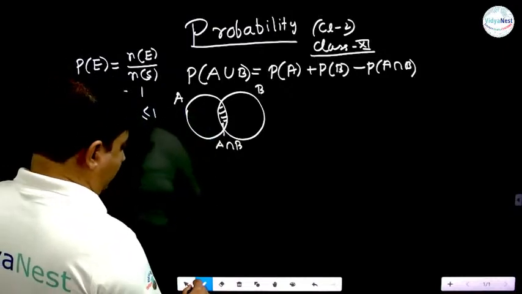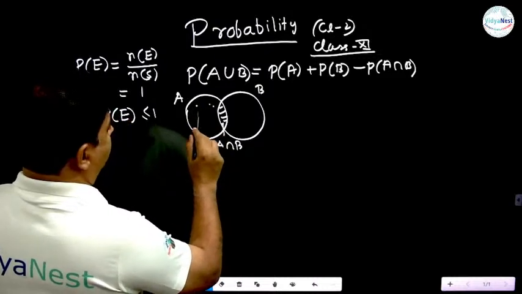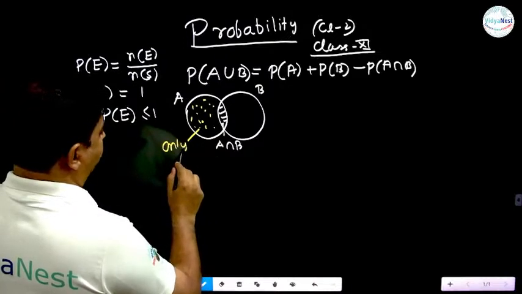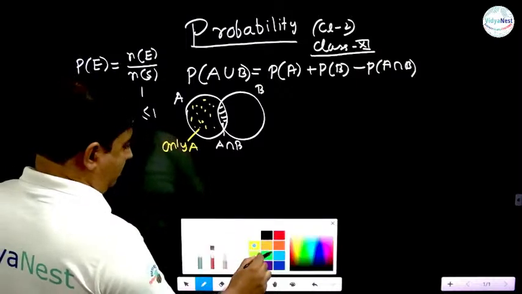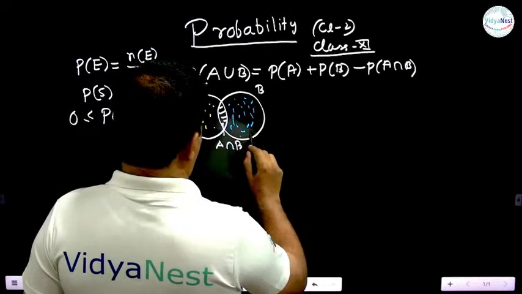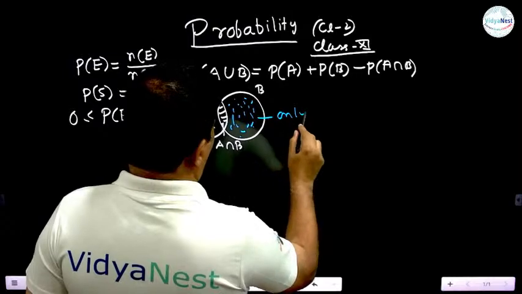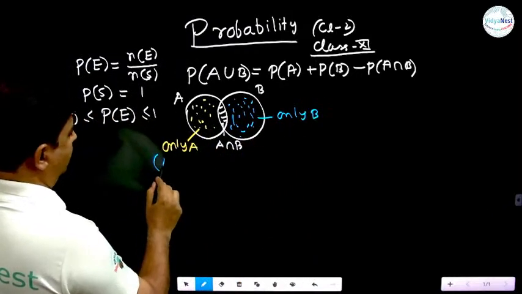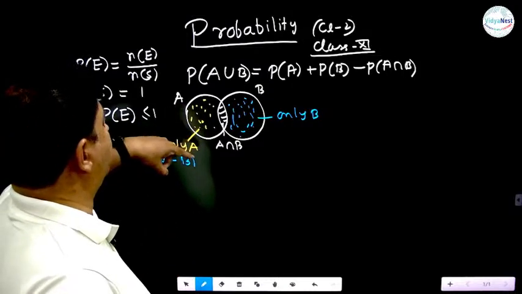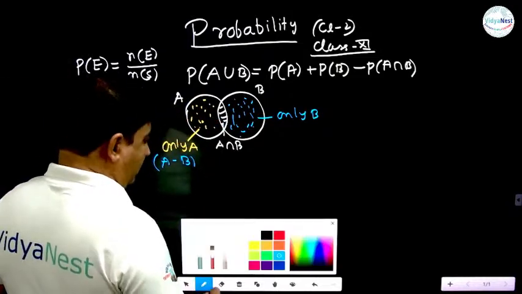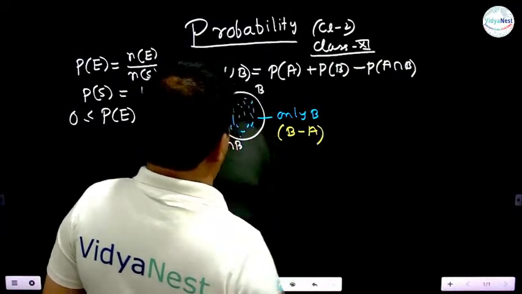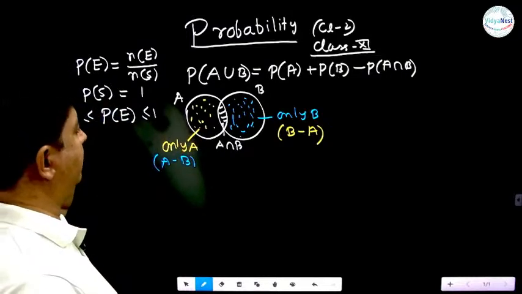This part is called only A, and this part only B. That means this is A minus B, the part which does not belong to B but A, and this part is B minus A, and this is the common region.